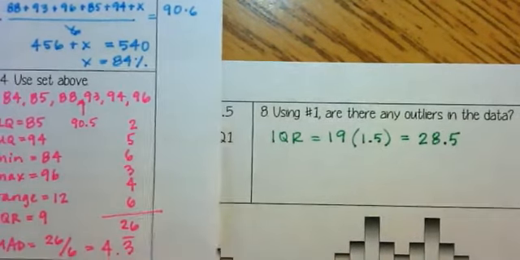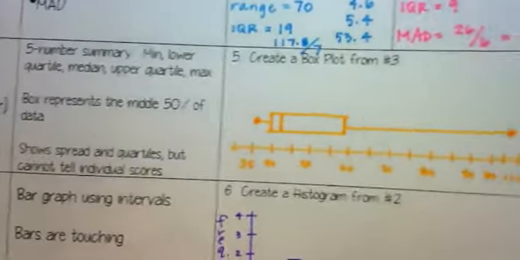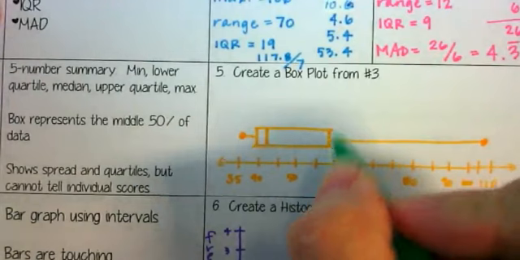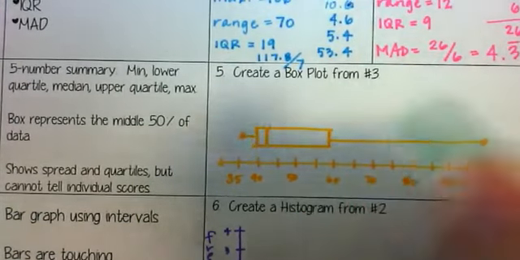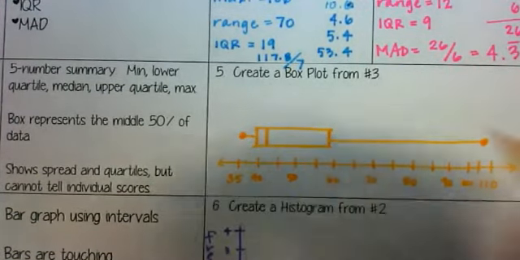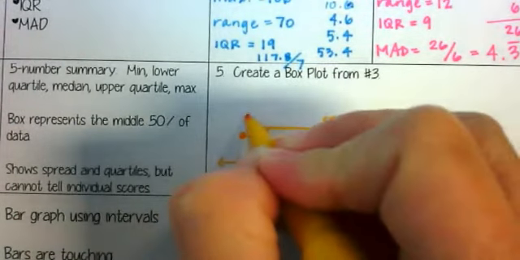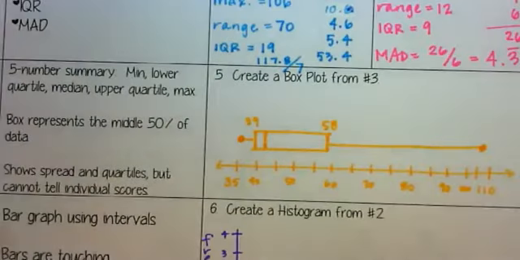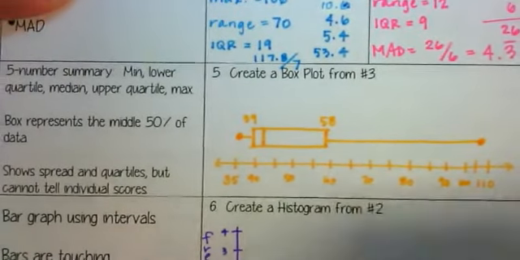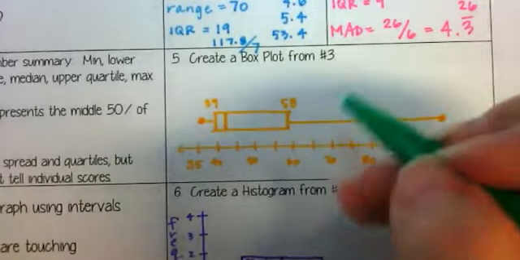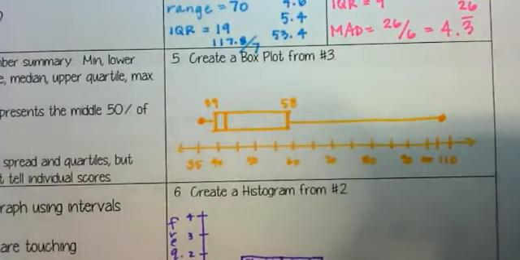So now I'm going to go over to where the box plot was. So this upper quartile right here was at 58. So I'm just going to write that right up there. And then this lower quartile was at 39. All right, so I'm going to take this upper quartile and add the 28.5 to it. So basically I'm going to extend that box a little bit.